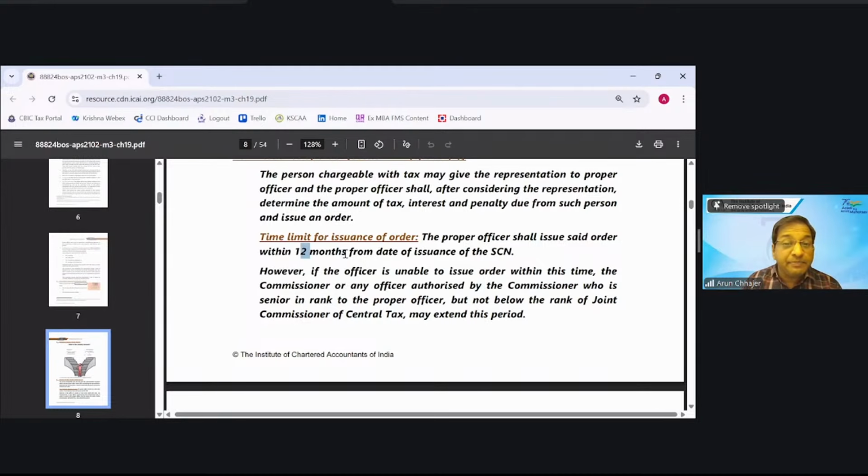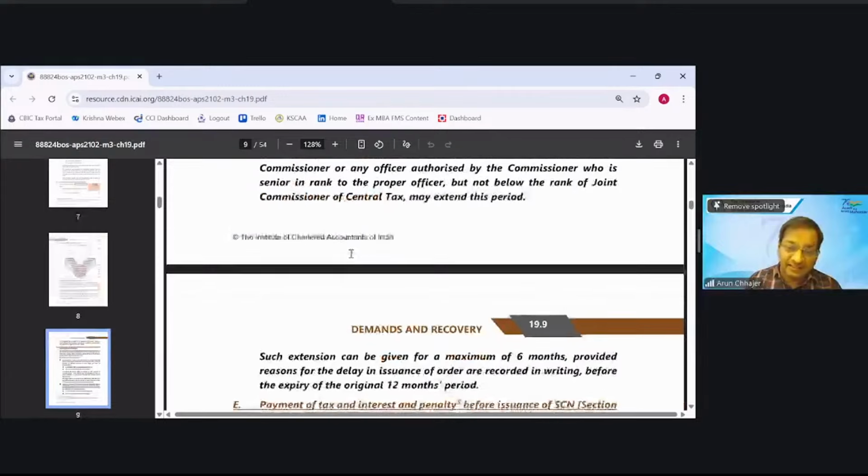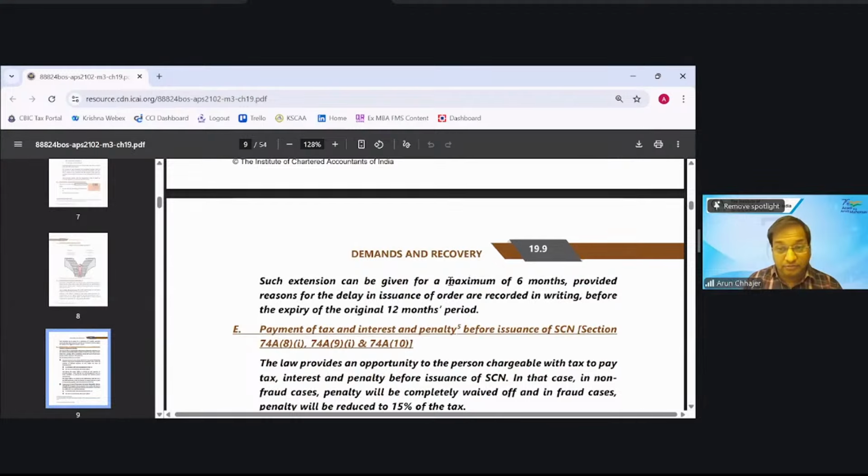मतलब ये period भी extend किया जा सकता है. कितना टाइम? For a maximum of 6 months, provided the reasons for the delay are recorded in writing before the expiry of the original 12-month period. It means internally, matlab, if they are not issuing the order within 12 months, that is also okay. It means they can issue the order within 1.5 years.